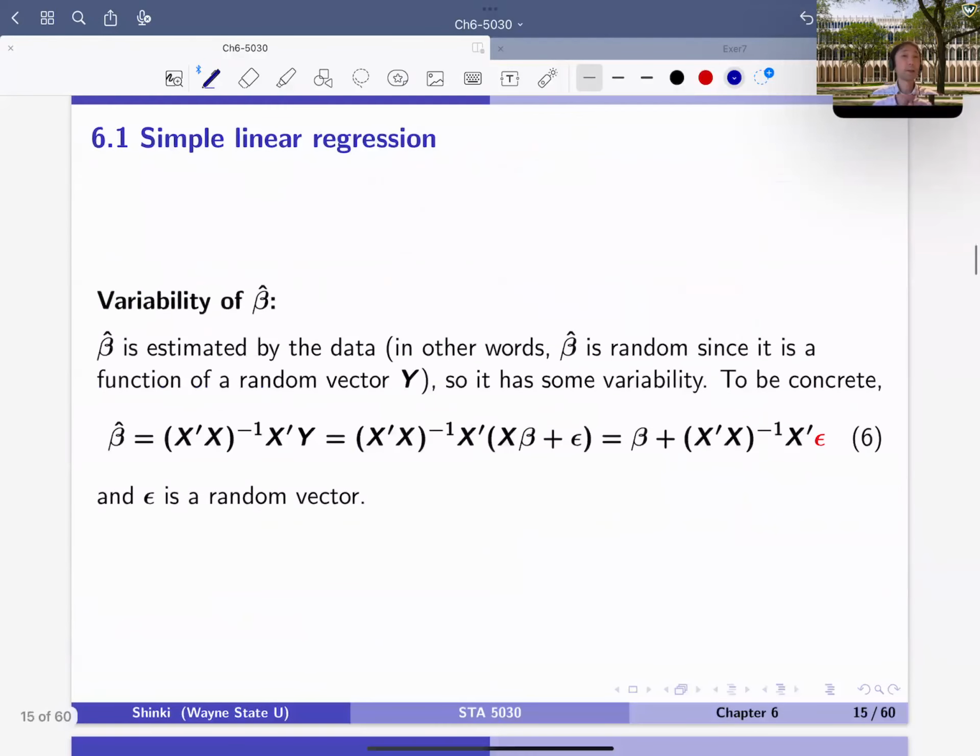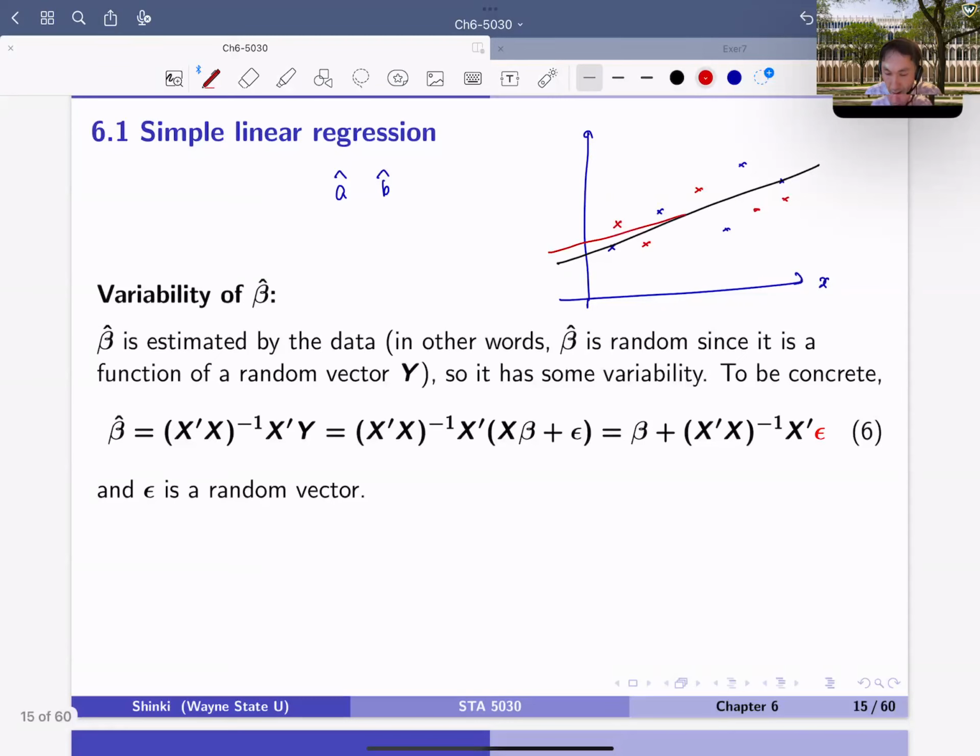Then today's topic. Today's topic is several things, but the first one is the variability of beta hat. So we estimate a hat and b hat, but that depends on data. So if we have the x-axis here and y-axis here, and we have, suppose, 5 observations, then we can fit the data like this. But if we have another 5 observations from the same population, then even if these observations are similar, still the fitted line is slightly different, right?